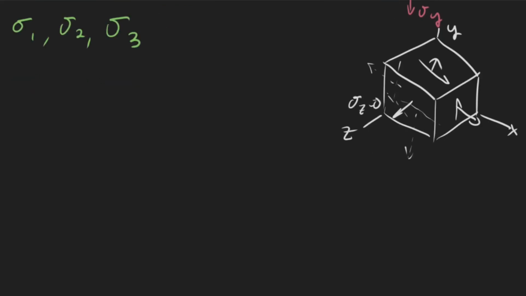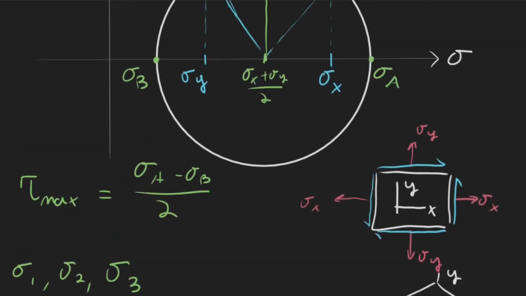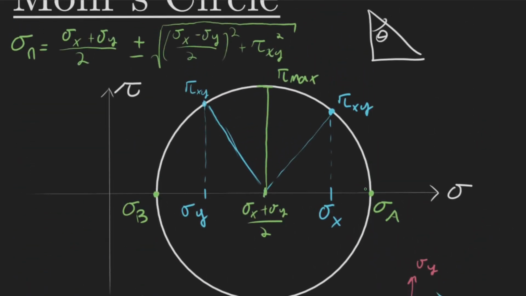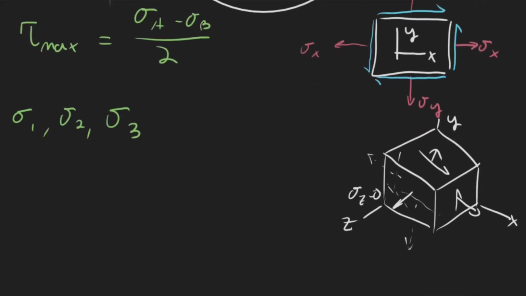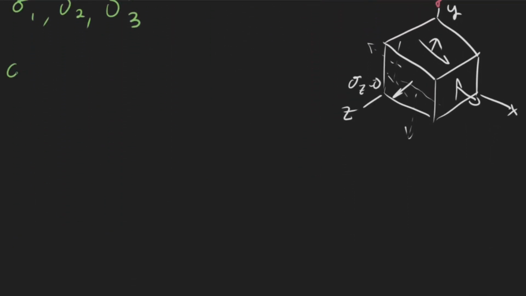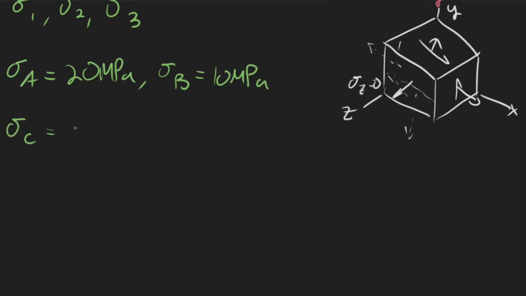So for example, let's say I find my maximum and minimum stresses in the plane, and I find something like sigma A equals 20 megapascals and sigma B equals, let's say, 10 megapascals. Well, then I know that my other principal stress is 0 megapascals, which means that my sigma 1 would be 20, my sigma 2 would be 10, and my sigma 3 would be 0.